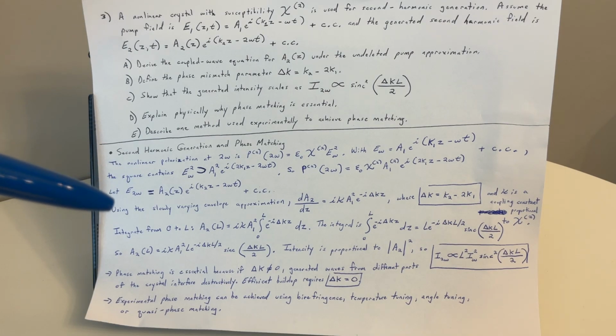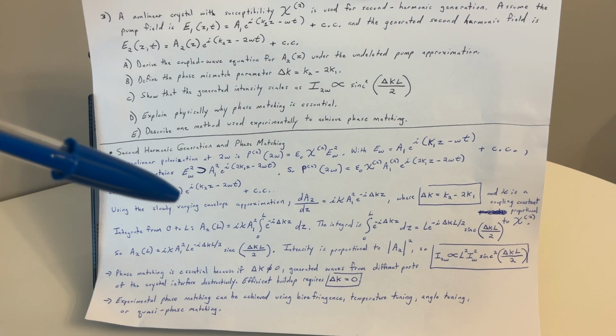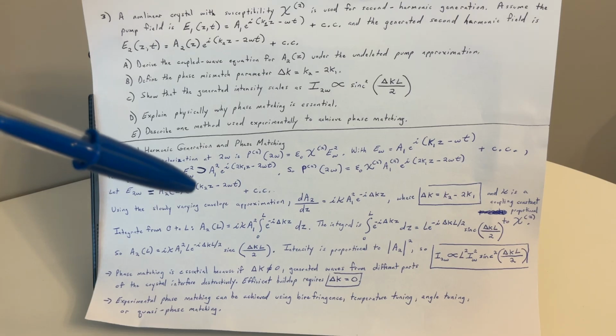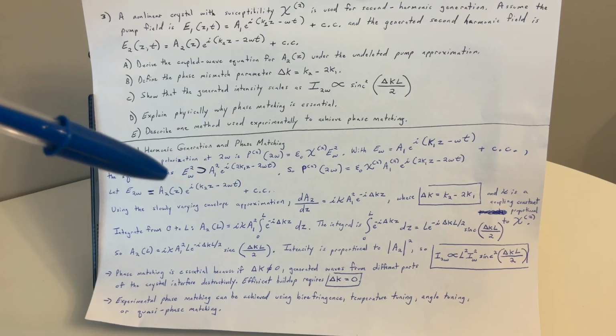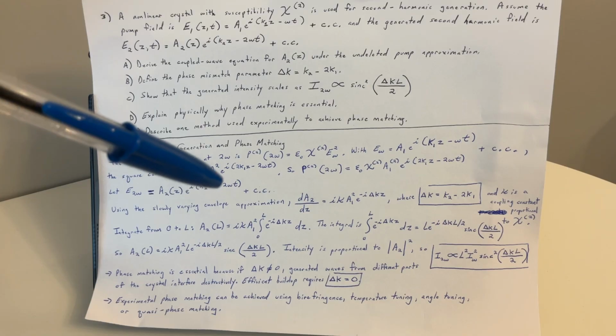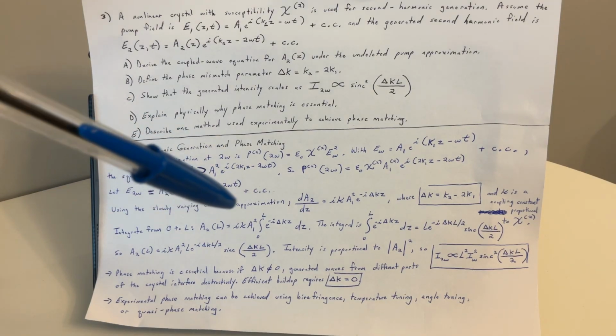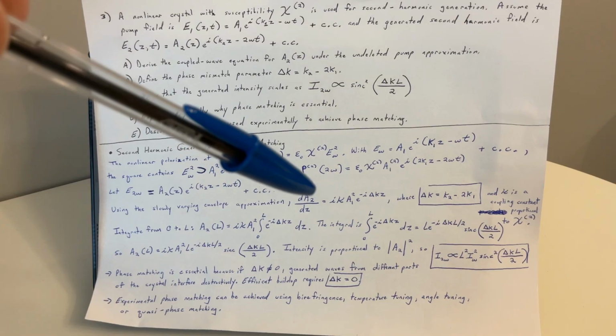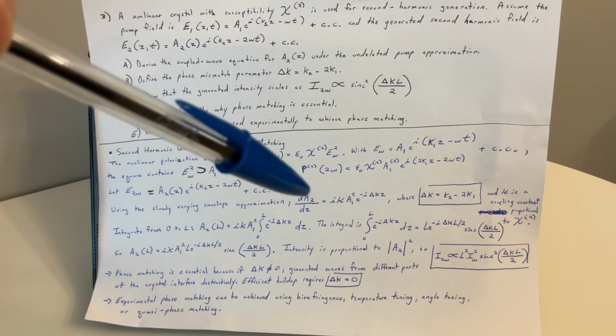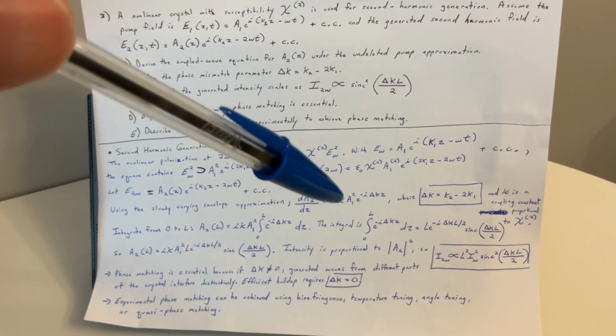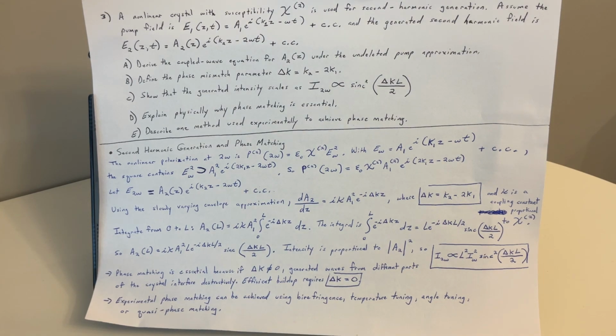So we're going to let E sub 2 omega equal A sub 2 of z times e to the i quantity k sub 2 z minus 2 omega t, plus c.c. Okay, using the slowly varying envelope approximation, dA sub 2 dz equals i kappa A sub 1 squared e to the negative i delta k z.